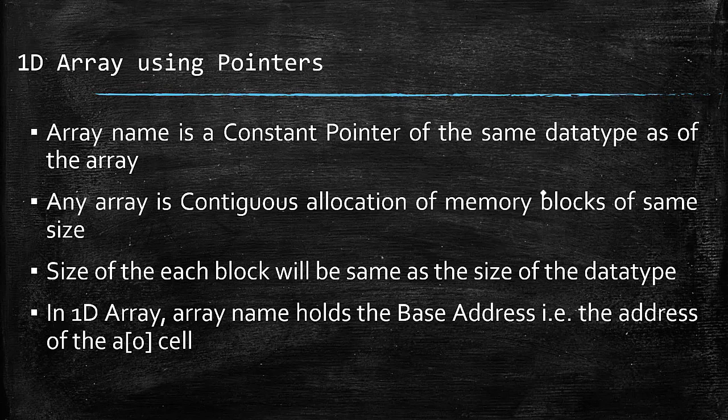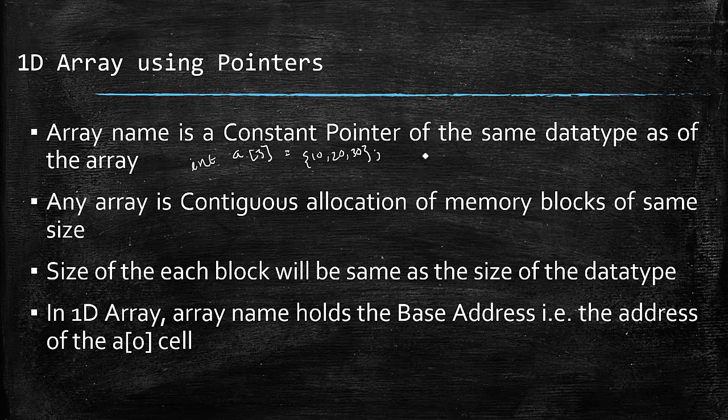So when we declare an array, suppose int a[3] equals 10, 20, 30, that array name a is a constant pointer. And what kind of pointer will it be? As the array type is int, the array name a will be an integer type of constant pointer.